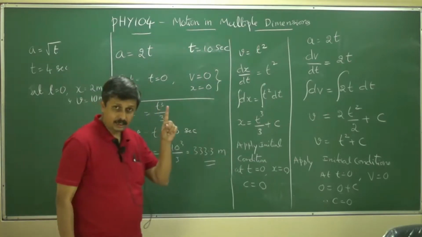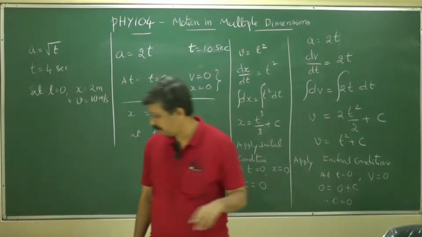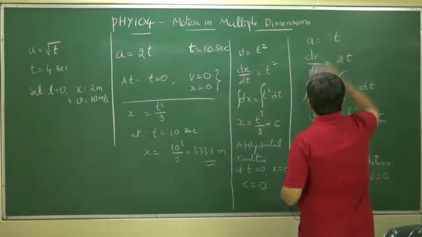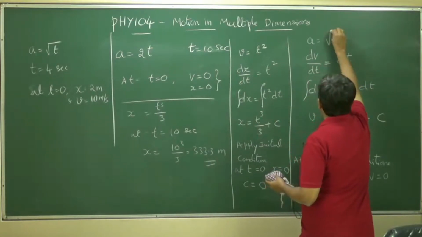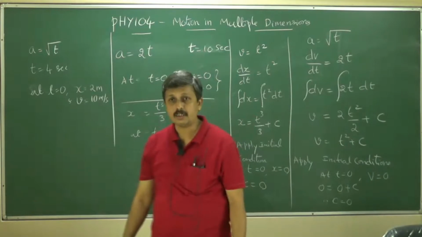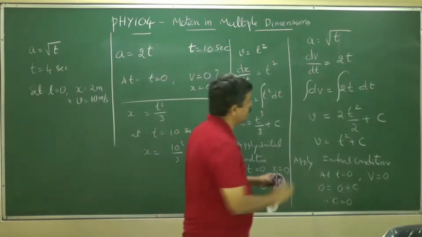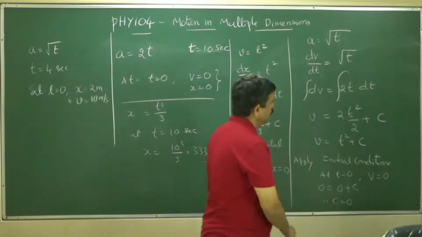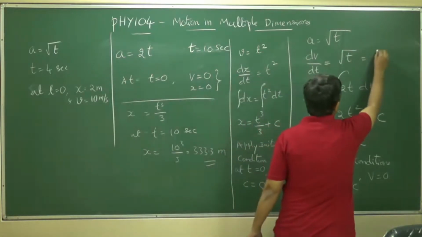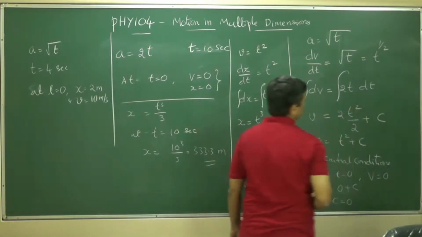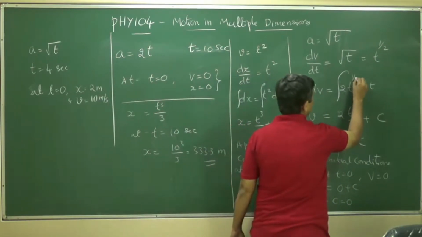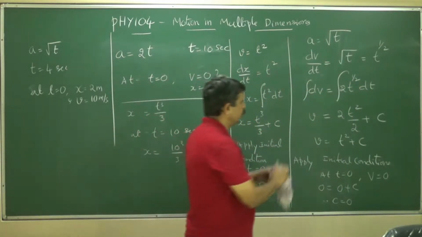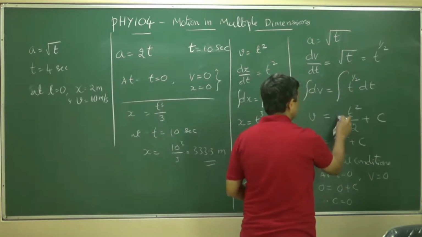Okay. What is the given question? a is equal to root t. So dv by dt is equal to root t, which is nothing but t to the power of half. Now 2 is not there here, we'll remove that.